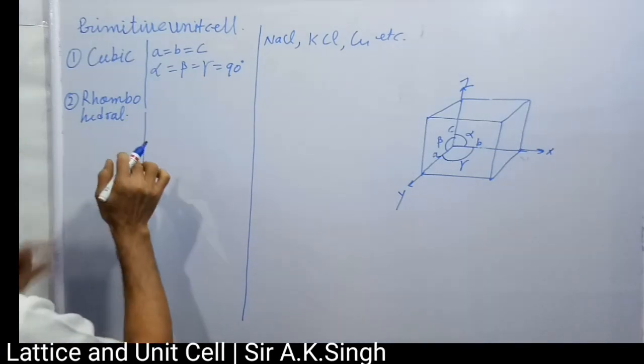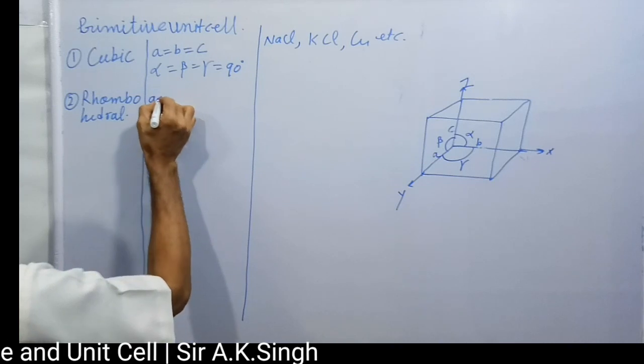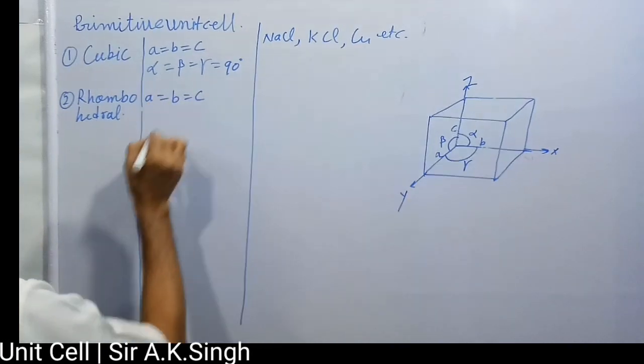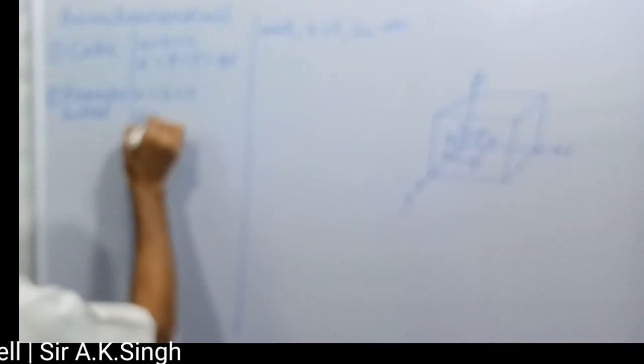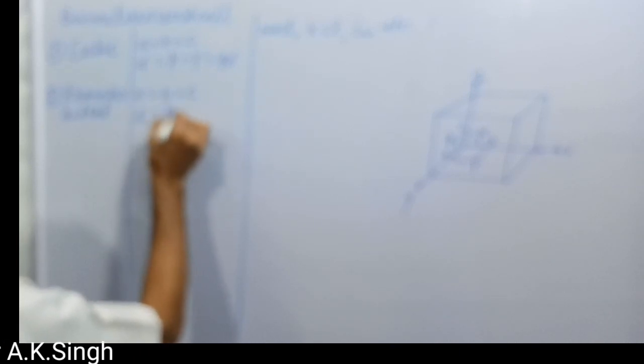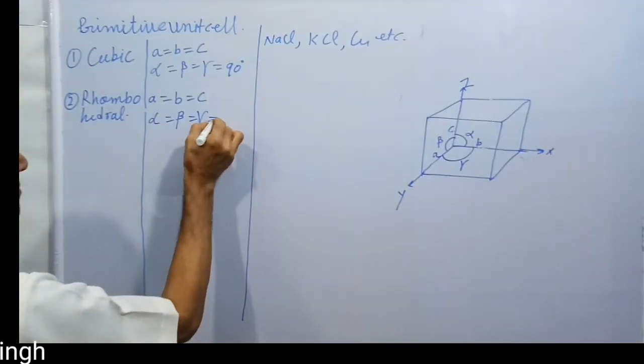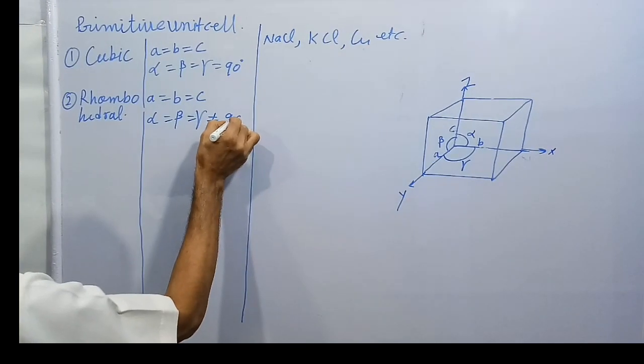In this unit cell, a equals b equals c, and alpha equals beta equals gamma is not equal to 90 degrees.